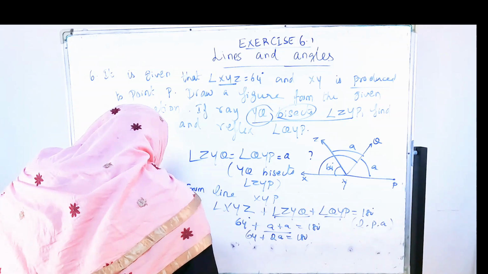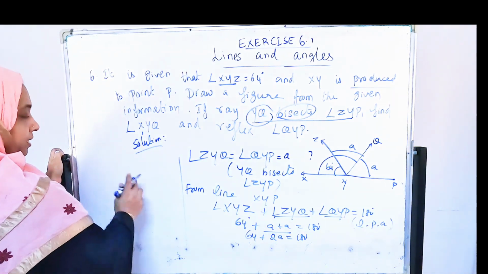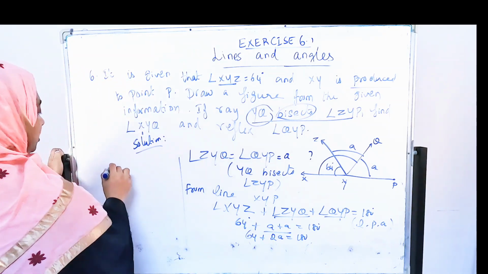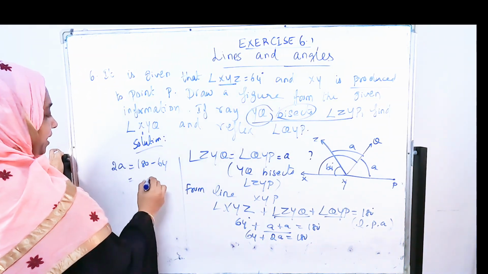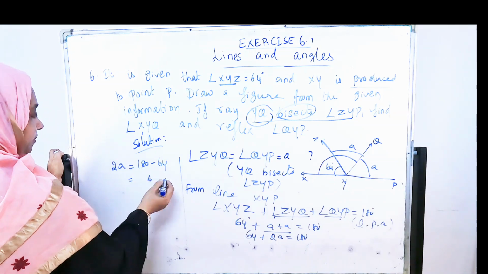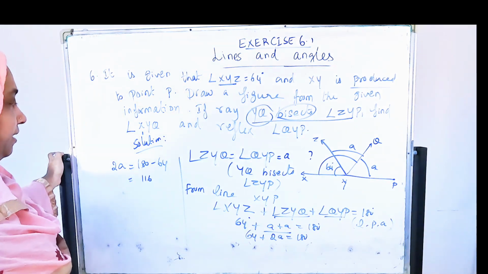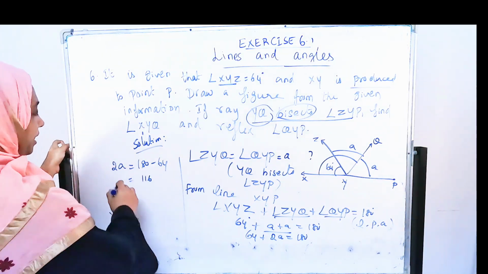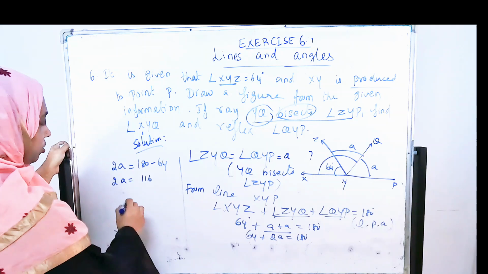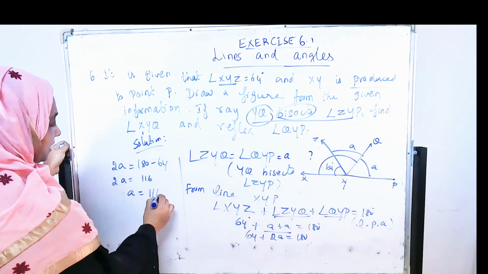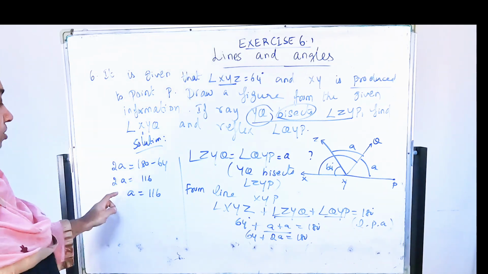Then 64 coming to this side means 2A is equal to 180 minus 64. It will be 116 degrees. So 2A is 116 degrees.